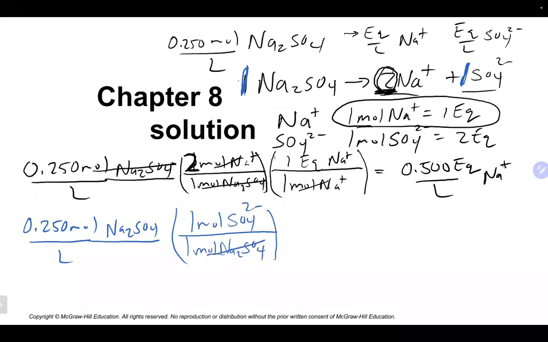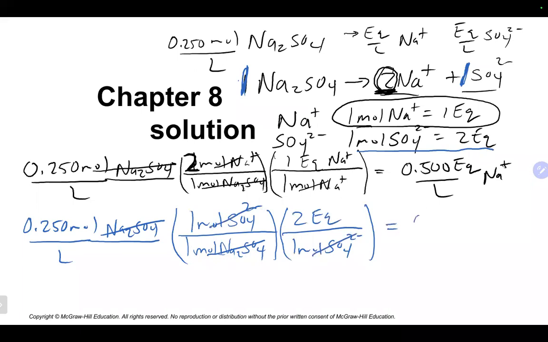These cancel, and now I have moles of sulfate on top per liter. Now I can use the equivalents: for 1 mole of sulfate, there are 2 equivalents. So the moles of sulfate cancel, and I end up with 0.5 equivalents per liter of sulfate in that solution.